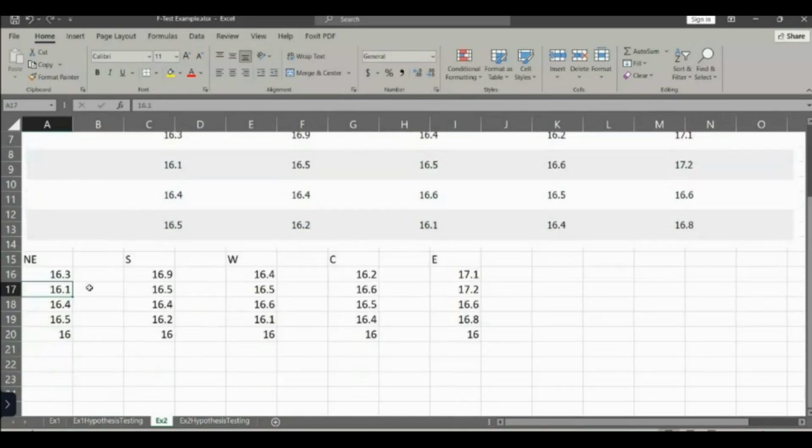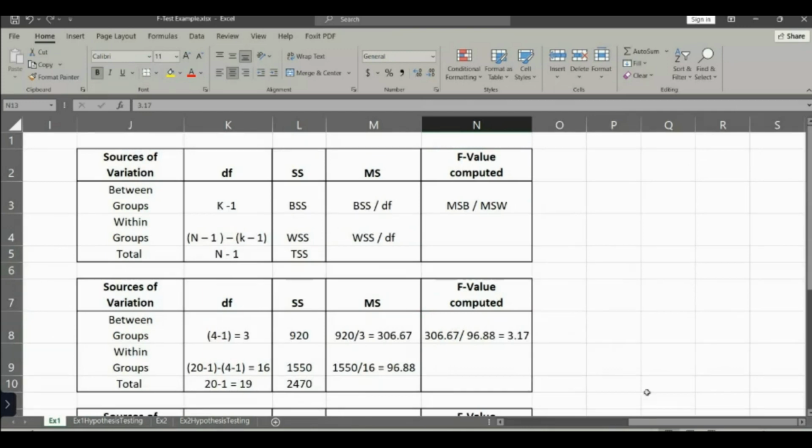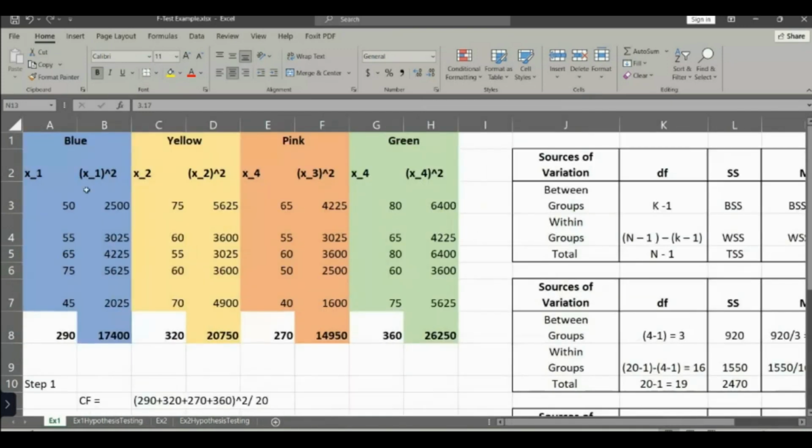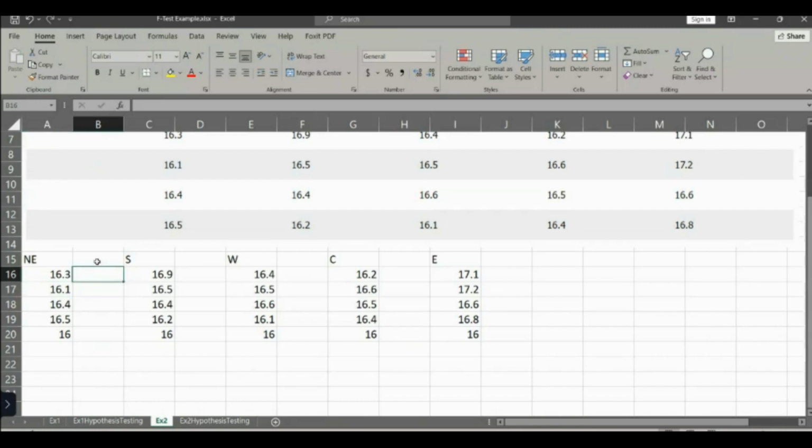So here, we actually need to square each of our entry. In this case, we need to square the ages of each teenager. Okay.